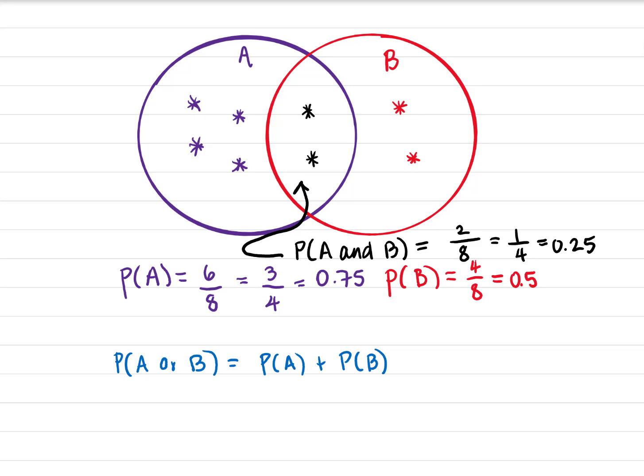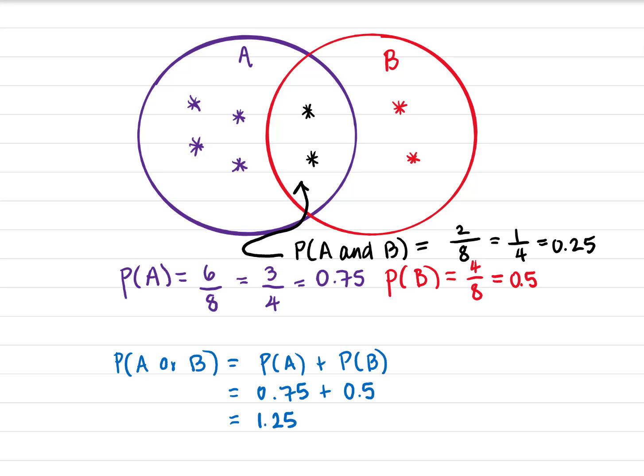Let's just try this. Well, we know P of A is 0.75, and we know P of B is 0.5. If we just add these two probabilities, then we end up getting 1.25. We know this is incorrect since probabilities always have to be between 0 and 1, and what we found is that this is more than 1.